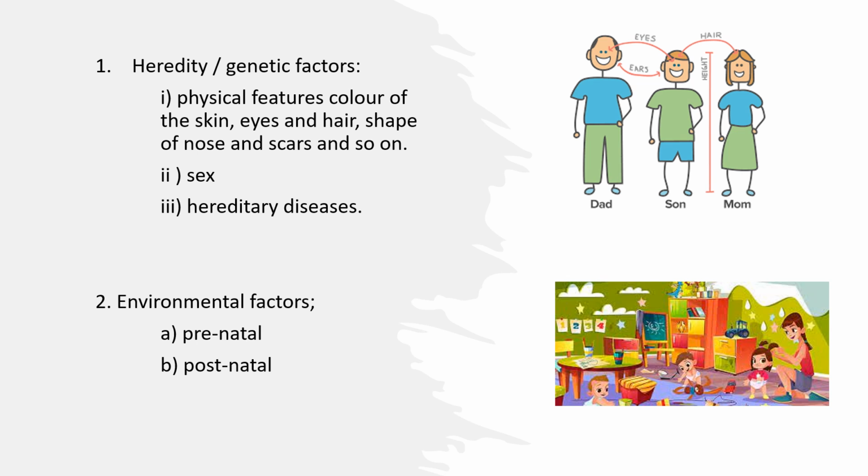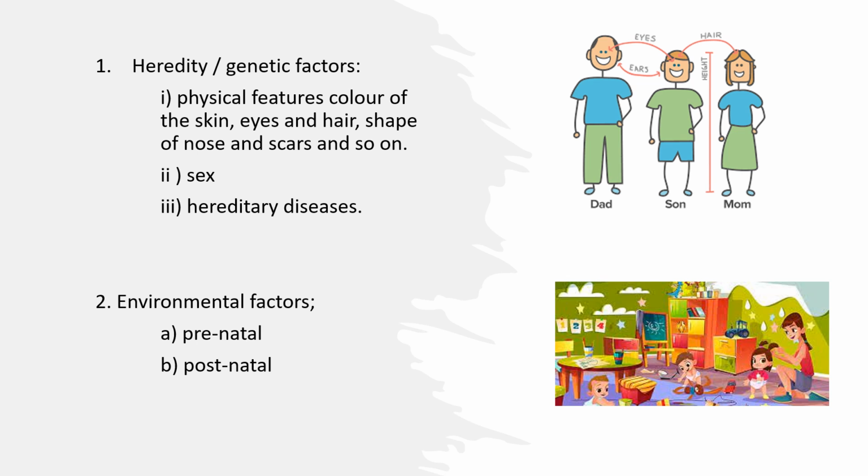Genotype means the gene that is transferred to our body, which is expressed, whether it's from the father or the mother. And our hair color, eye color, shape of ears, and body structure all are influenced by heredity, and especially our sex, our gender, whether a baby is born as a girl or a boy, is also a hereditary genetic factor.